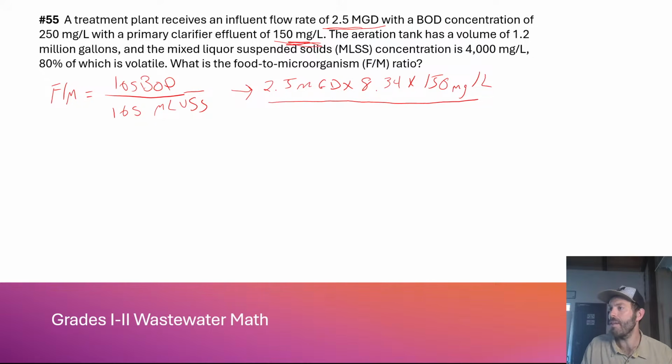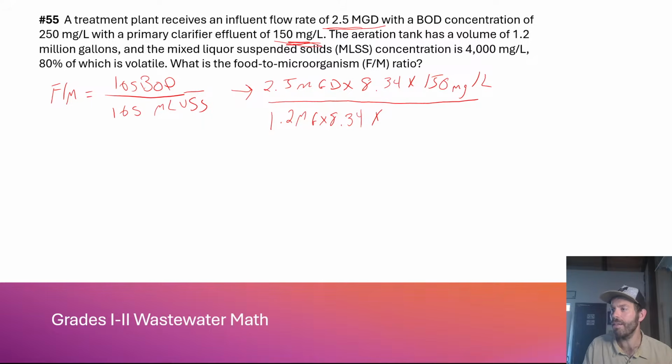So the aeration tank volume has 1.2 million gallons. Right here, I'm going to put 1.2 mg. Again, 8.34 is a constant. We're talking relative to the weight of water, pounds per gallon of water, times what? 4,000 milligrams per liter? No, because that's the MLSS concentration, 80% of which is volatile.